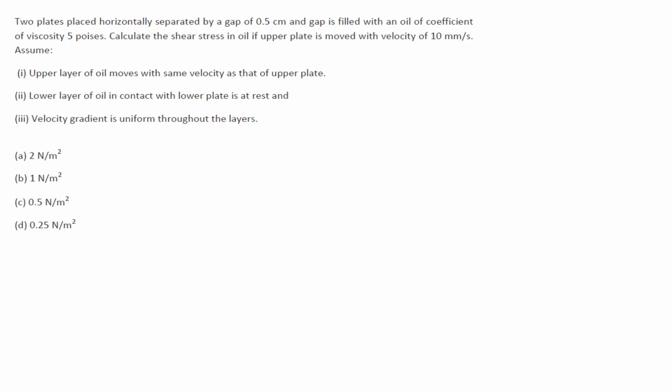We use Poiseuille or Newton second per meter square, and the CGS unit is poise. Just remember, this is CGS.